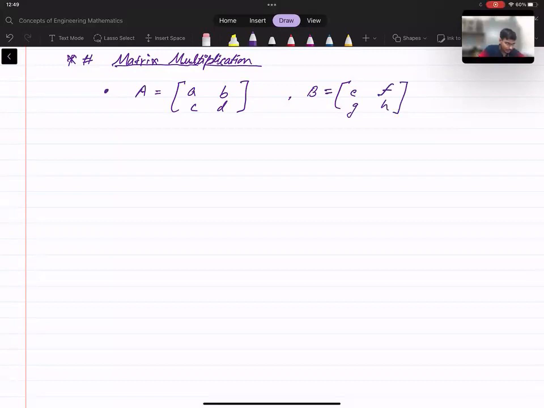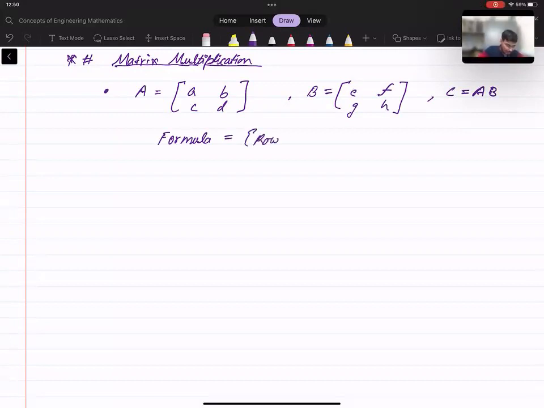We now need to find C, which will be the multiplication of A with B. The formula for this is simply row into column. We need to follow this basic formula, which is row into column.